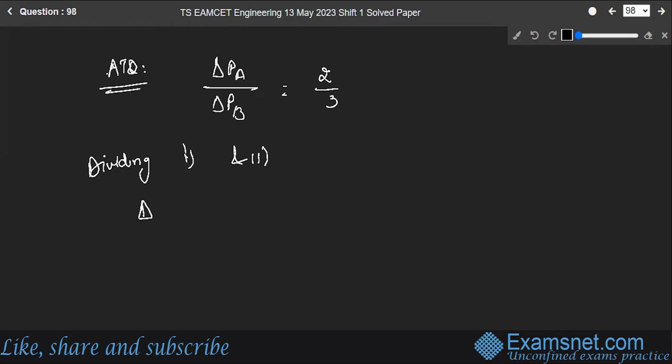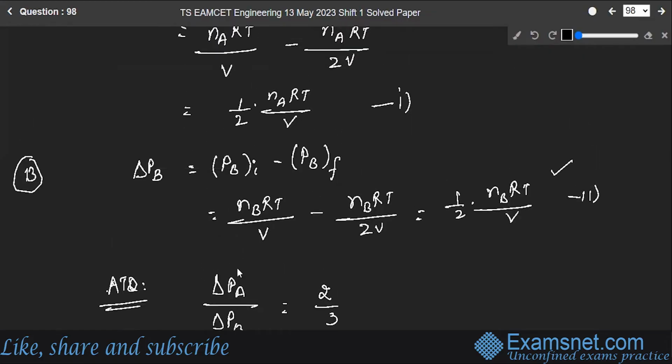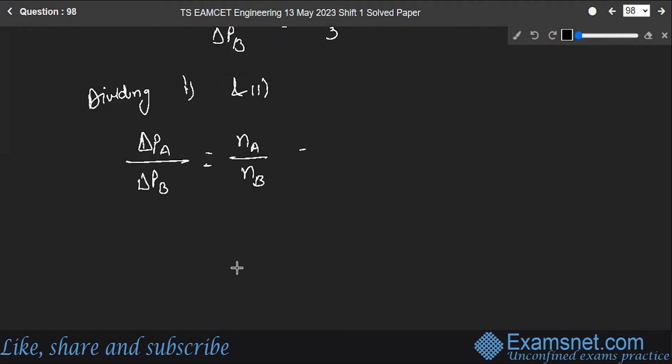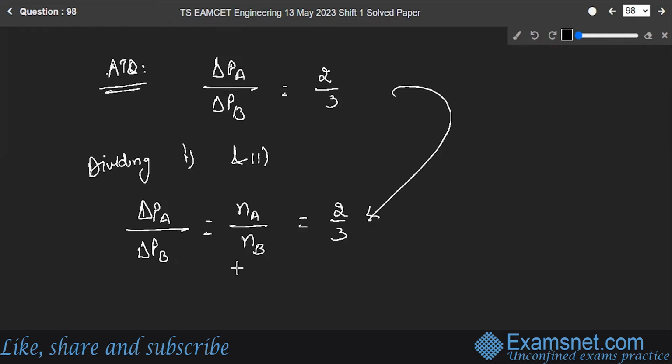You have delta PA upon delta PB, this will be equal to nA upon nB. When you divide this with this, only nA and nB will be left, rest all will cancel out. And this is equal to 2 by 3 from here, right?